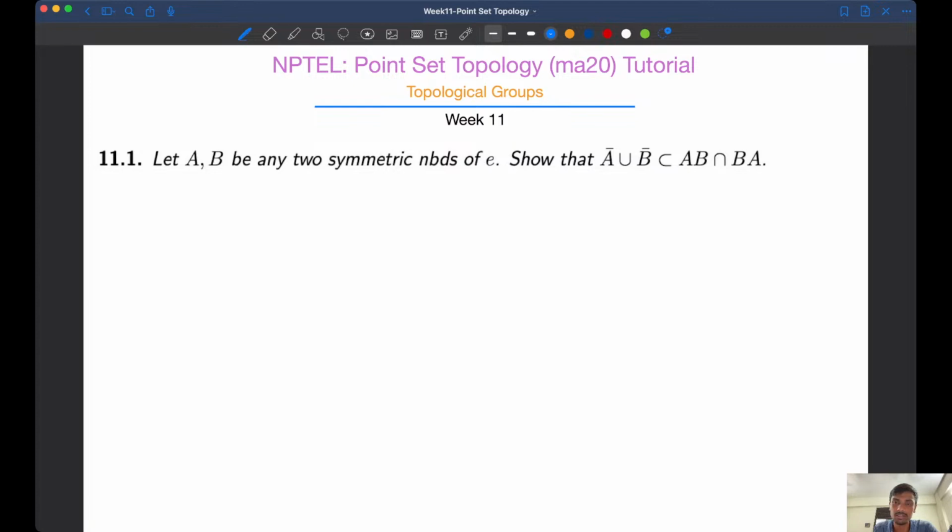Using the multiplication in the group G, AB consists of all points a dot b for a belongs to A, b belongs to B, and similarly for BA.